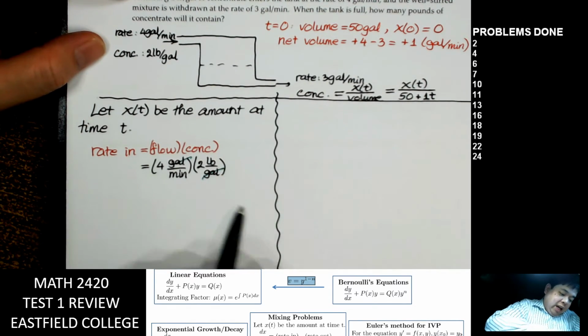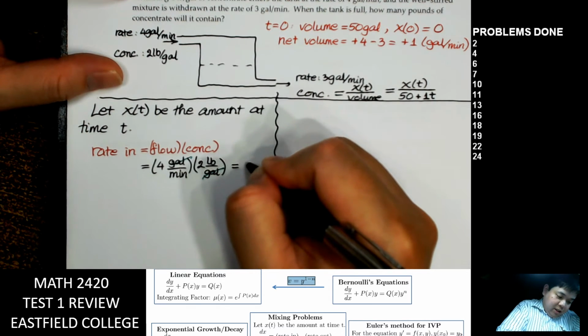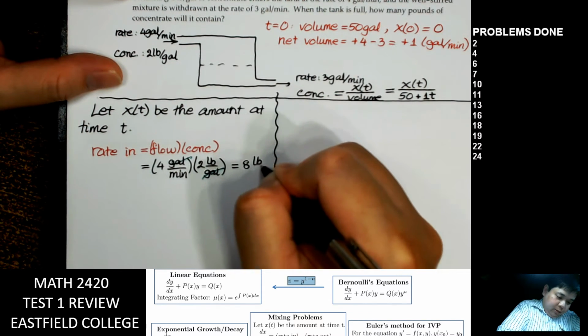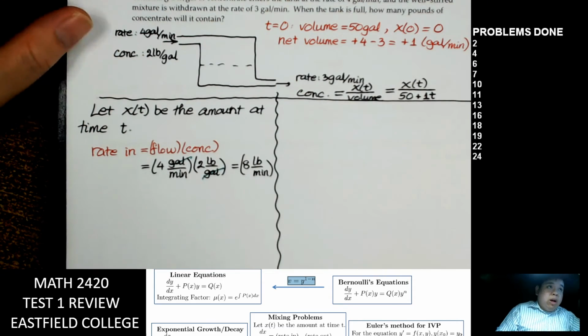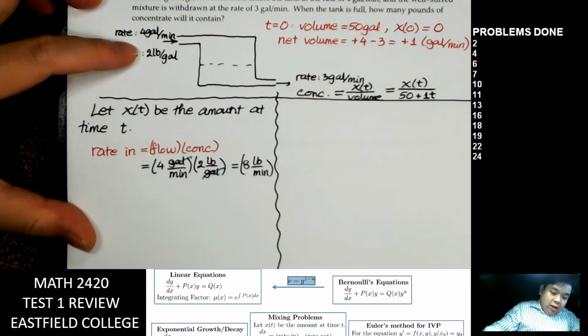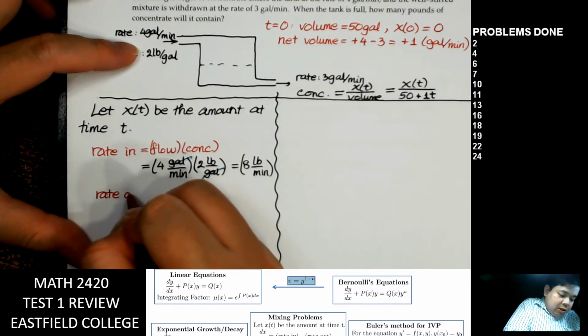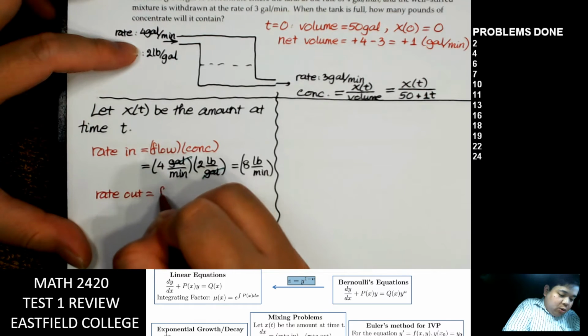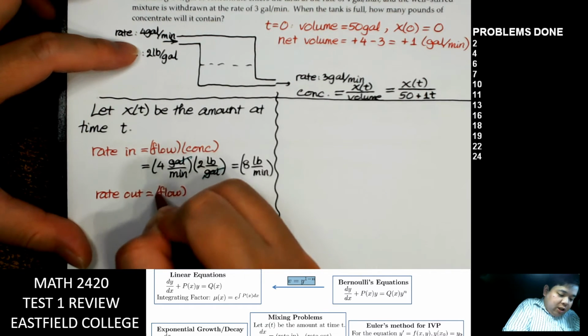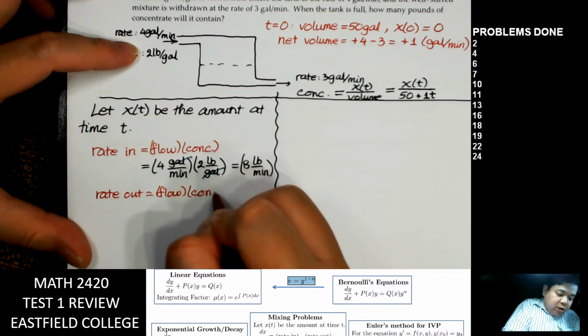We have 8 pounds per minute. That is the rate coming in. The rate coming out is also the flow rate times the concentration.